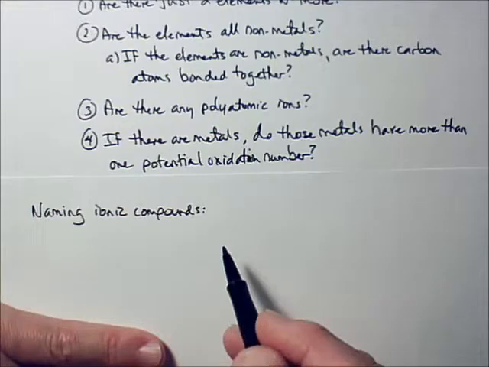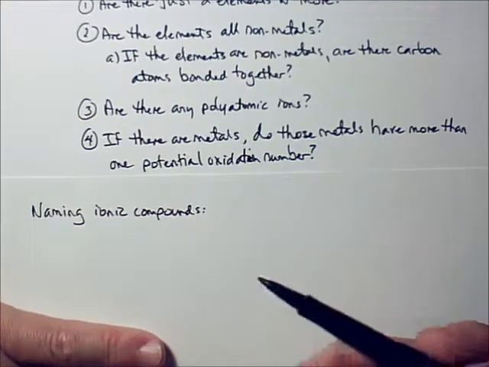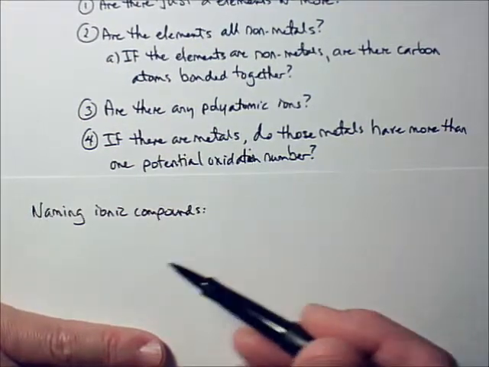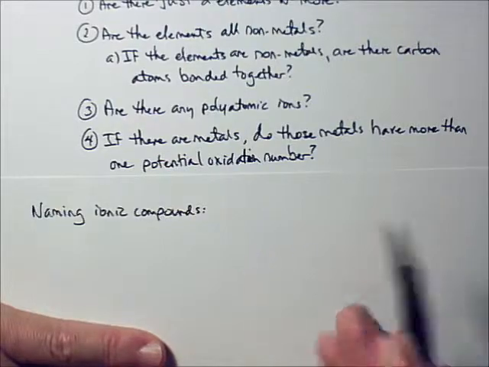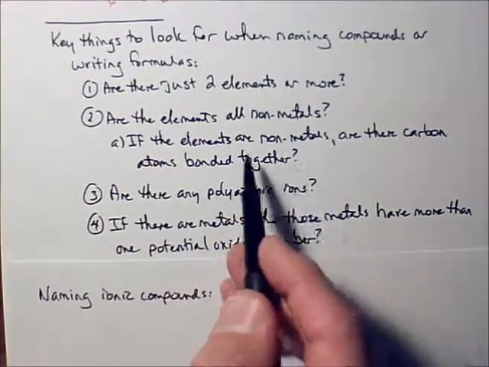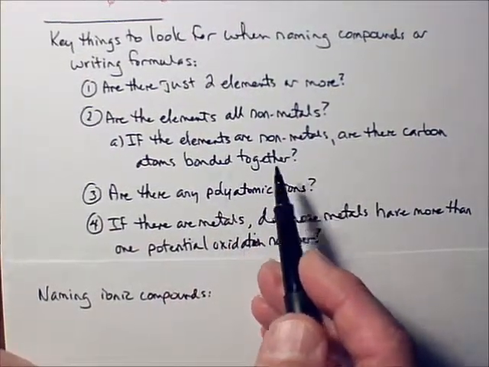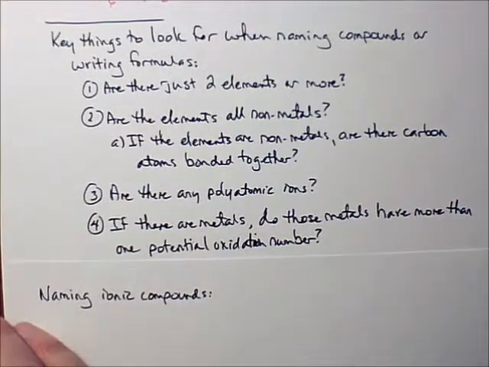That's where you're bonding nonmetals to nonmetals. But under that big classification of covalent compounds, we have that subclassification where we have those carbons bonded together, and that's a classification known as organic compounds. And then lastly, we're going to have a classification called acids and bases.